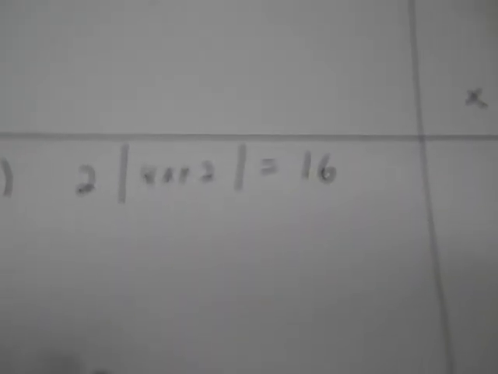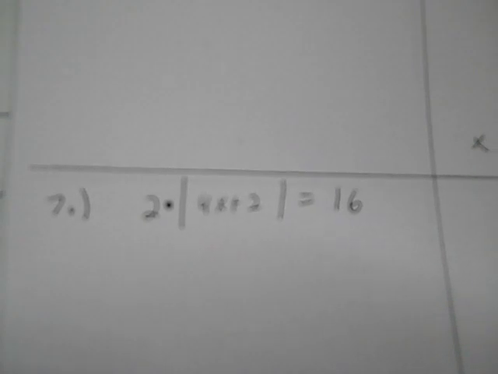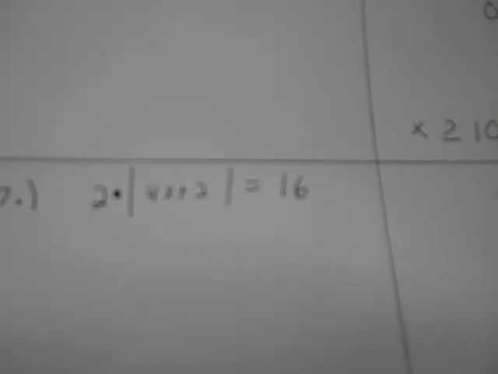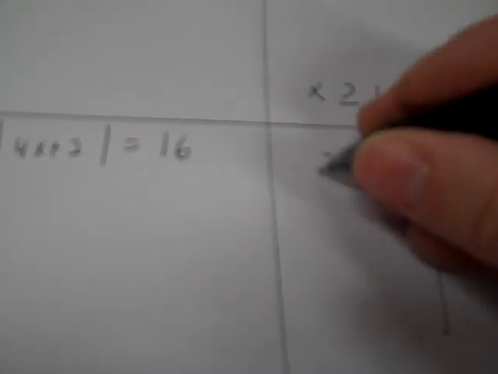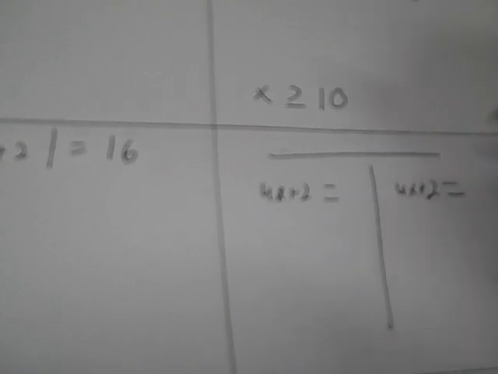Okay, solving an absolute value equation, you don't distribute. You do not want to do that. You've got 2 multiplied by the absolute value of 4x plus 2 equals 16. You've got to solve for x. Now, absolute value, you're talking distance from a number line, so that always has 2 possible solutions. Okay, so I take the expression on the inside and write it in both equations.